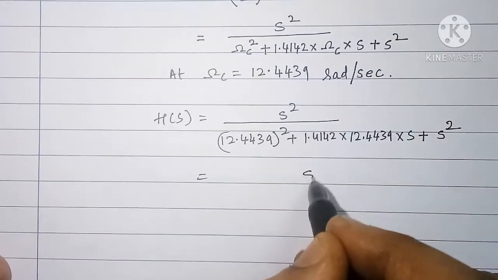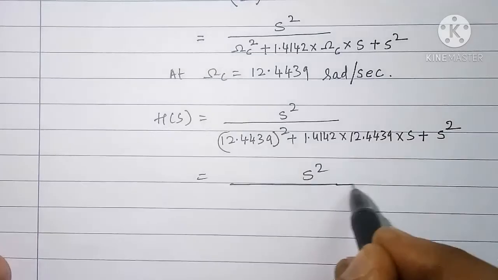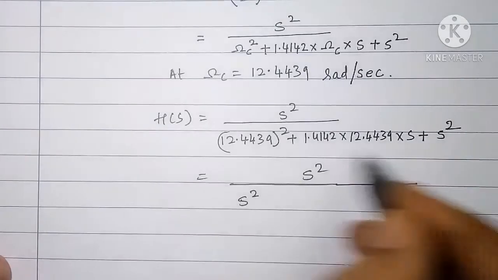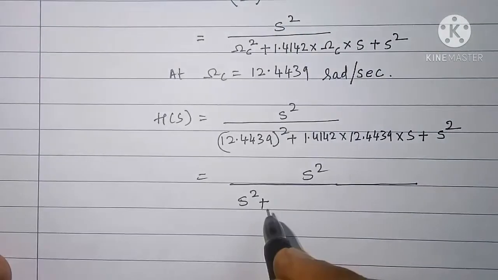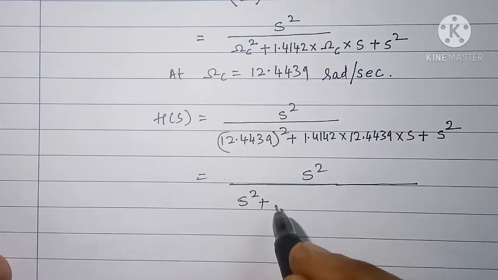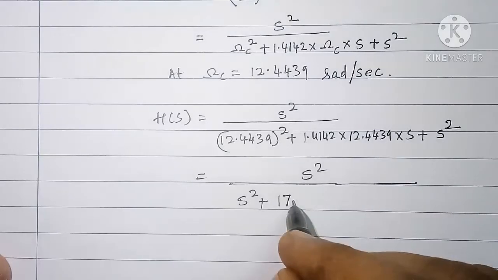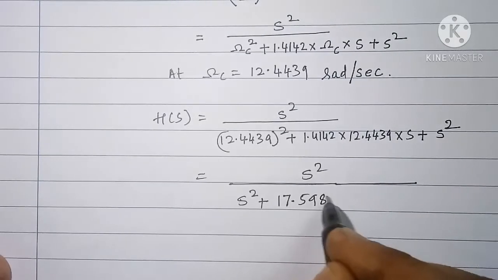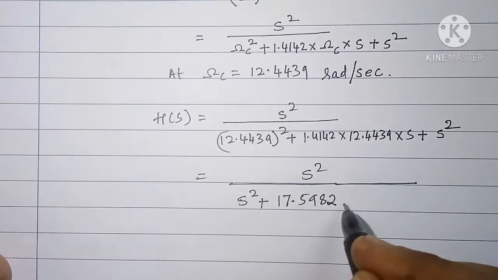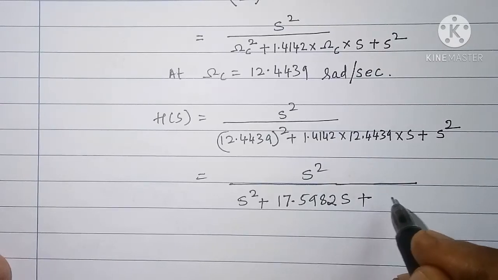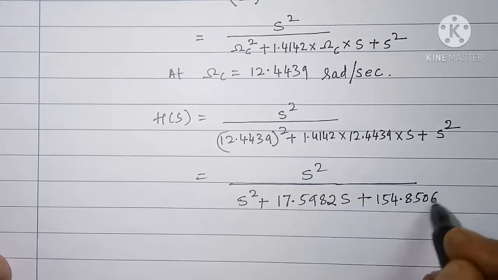On simplifying this, we get s square divided by, and changing the order of terms in denominator, s square plus 17.5982 s plus 154.8506.